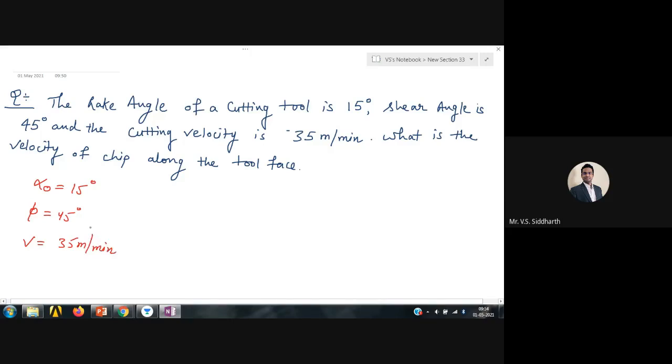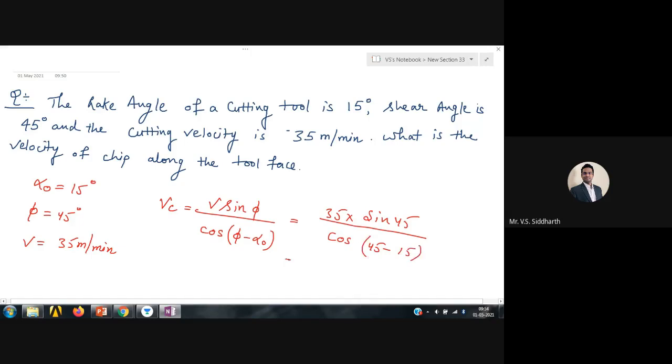So Vc equals V into sine phi divided by cos phi minus alpha naught. So V is 35 multiplied by sine 45 divided by cos 45 minus 15.